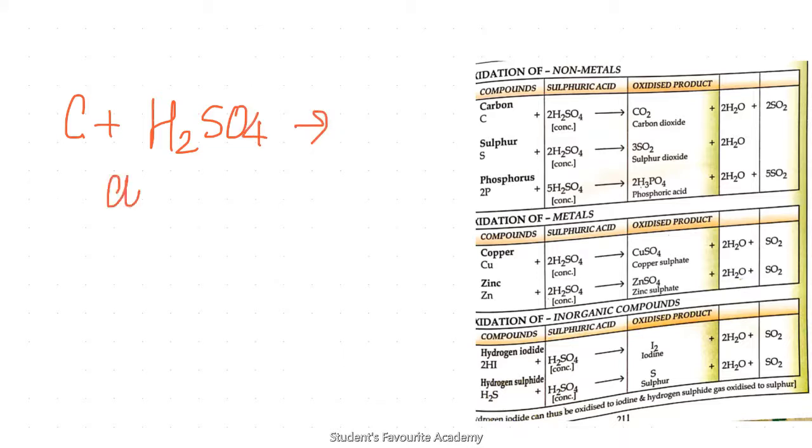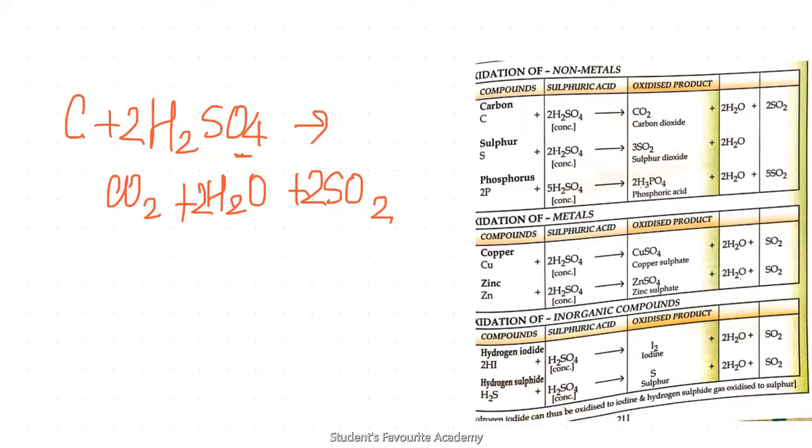What is liberated is carbon dioxide, water, and sulfur dioxide. The oxidation takes place with the help of the nascent oxygen that is formed. To balance this, the water becomes 2 times, the sulfur dioxide is also 2 times. So this is the reaction.